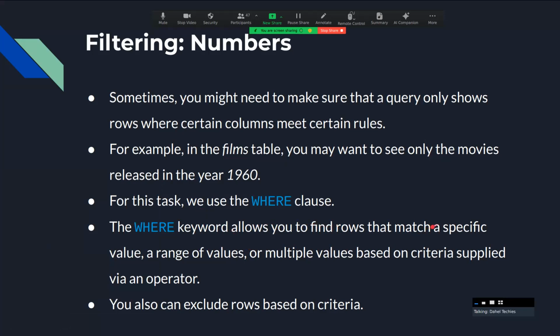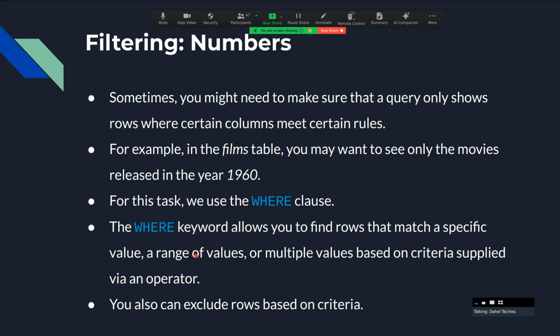In this part, I mentioned you can use the WHERE keyword to match a specific value. In this case, where you want to get movies that came out in 1960 or 2000, that's a specific value. Then a range of values would be, you want to get movies that came out between 1990 and 2000.